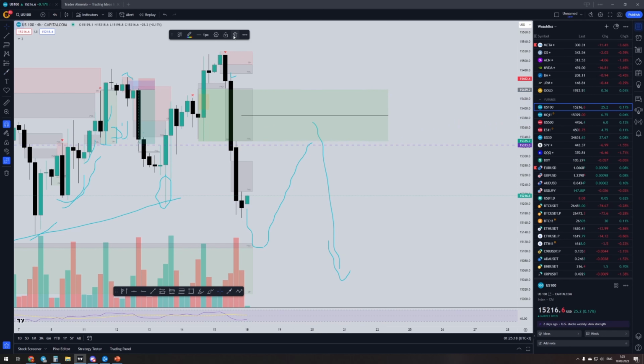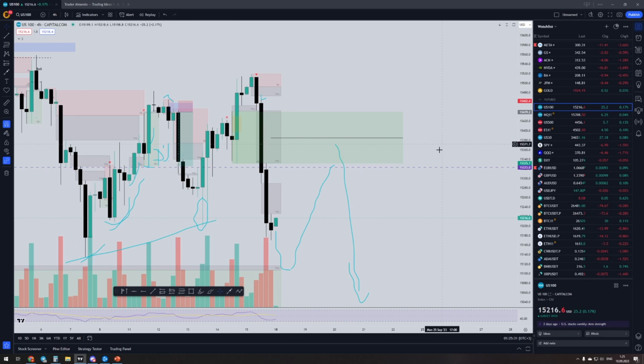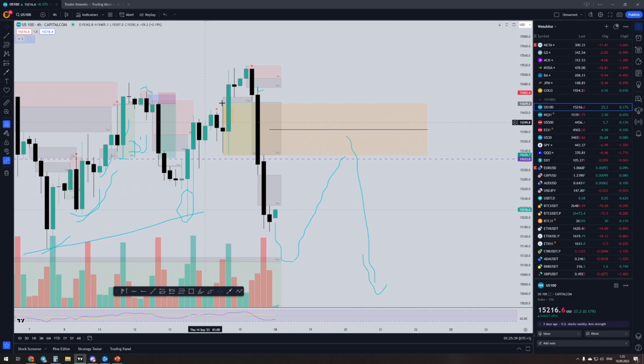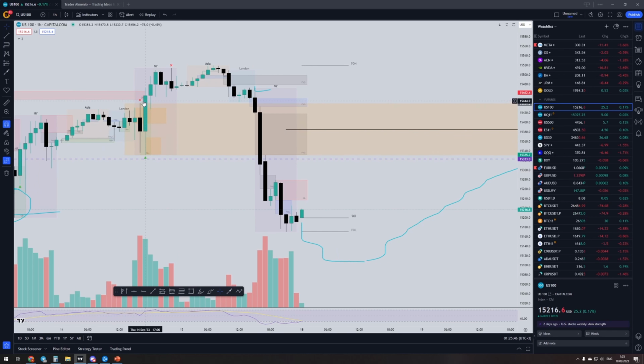You should always combine these things together: breaker blocks, fair value gaps, order blocks, mitigation blocks. So as you can see, we identified this breaker block, and now we will wait for a reaction. If we go on the lower time frames, we can identify this candle. This is an order block.